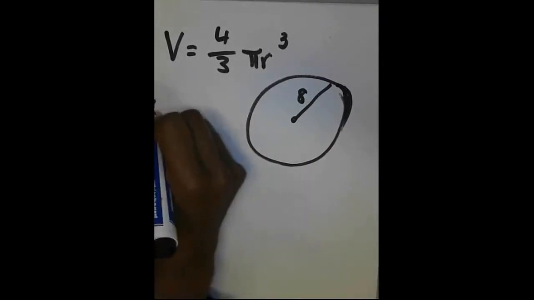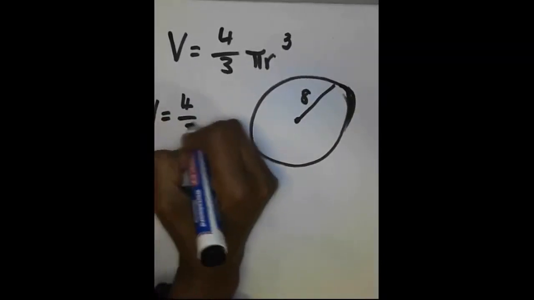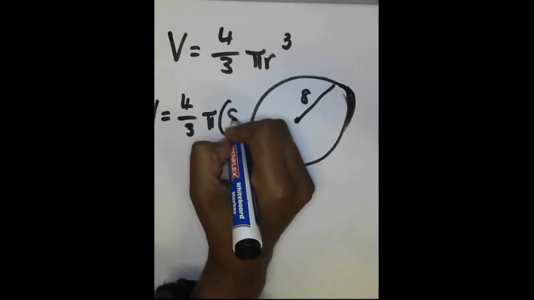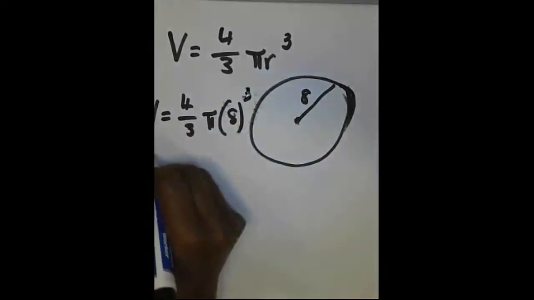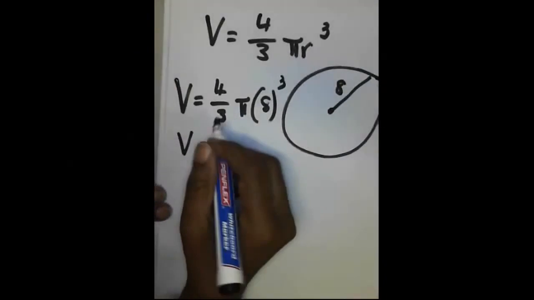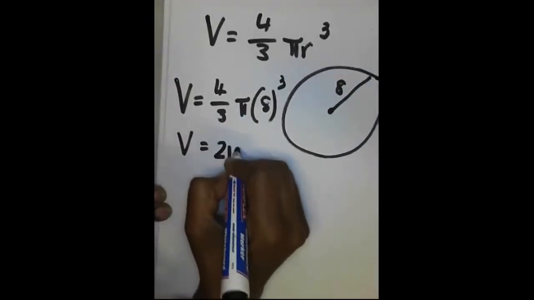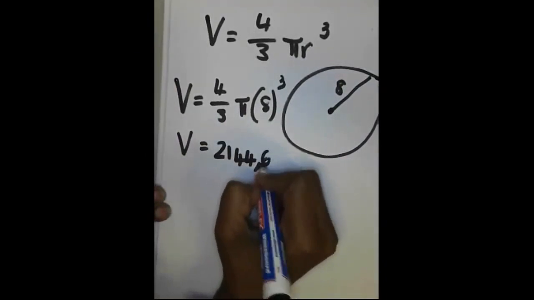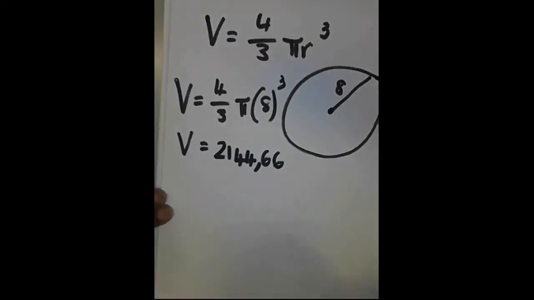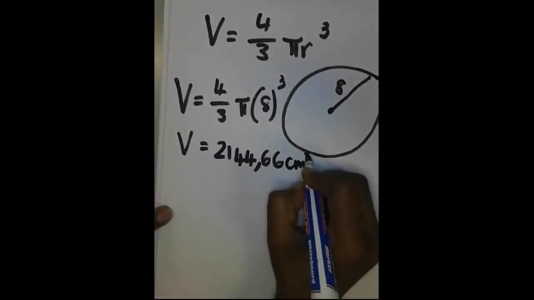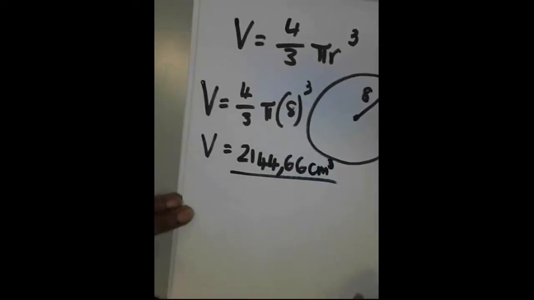All I needed to do is substitute into 4/3 pi 8 cubed, and I ended up with my volume, which happens to be 2144,66 centimeters cubed, because this whole thing is in centimeters.